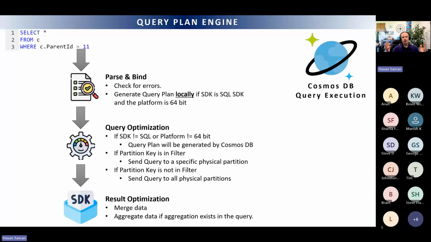Then as soon as all the data comes back, it comes back to our Azure Cosmos SDK. If you really think about it, that is the only place the data gets centralized. Before the data comes to this SDK, you cannot do any kind of aggregation.